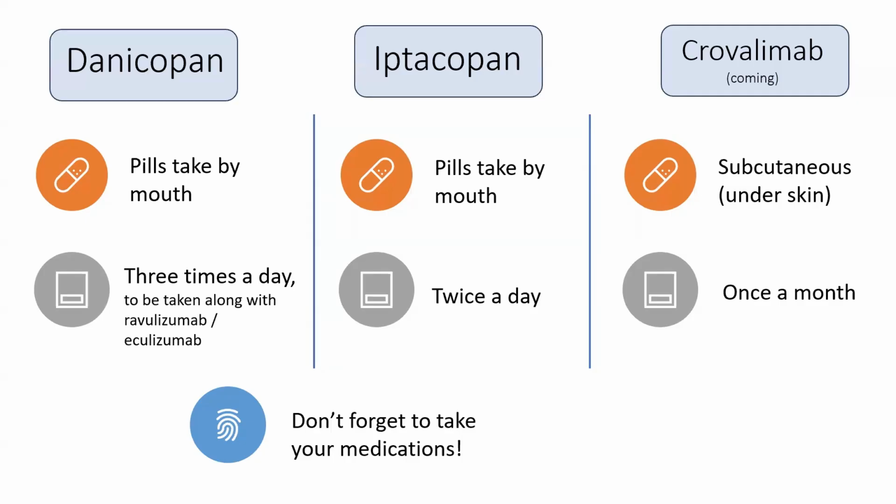So if you have somebody who you think could benefit from this, you can write to the drug company and they will supply it for free until the government of Manitoba negotiates and picks up the contract. So that's called the bridging or compassion access program. That's a pretty standard thing that drug companies do until drugs are funded locally.